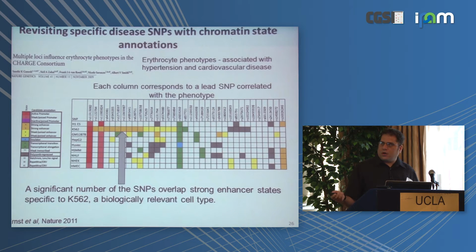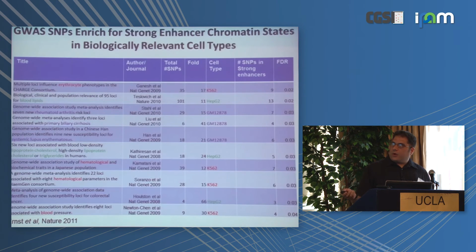And if you're familiar with the biology of these 9 cell types, K562 is the one that would make sense for something looking at erythrocyte phenotypes associated with hypertension and cardiovascular disease. We found a number of other cases just by looking at the lead SNPs where we compared them to what we were annotating as strong enhancer chromatin states based on this data.